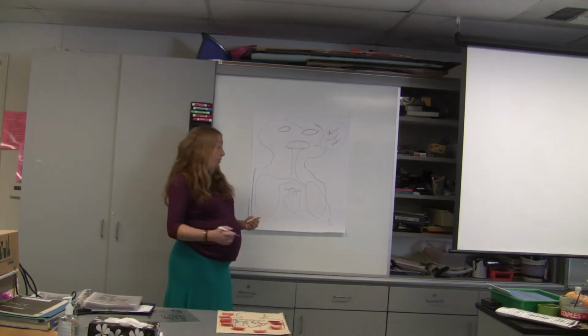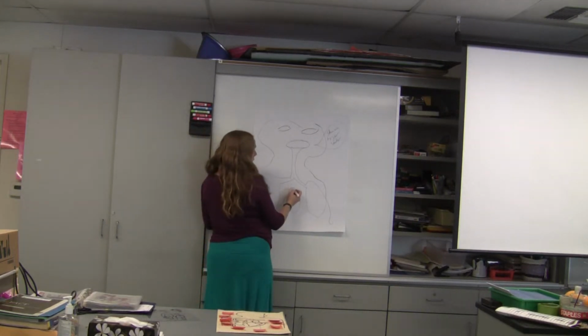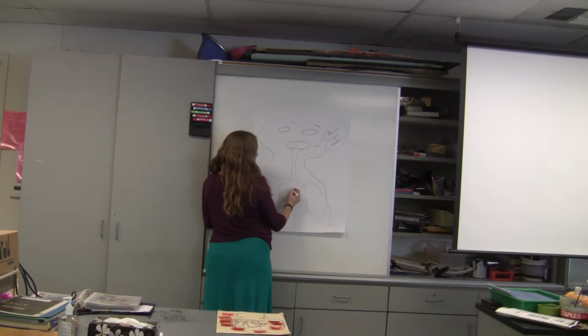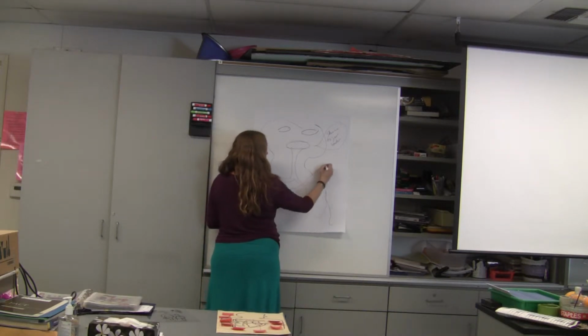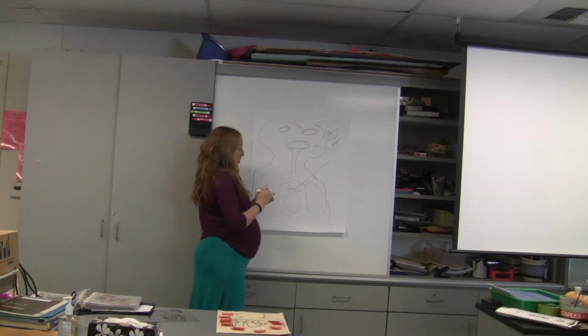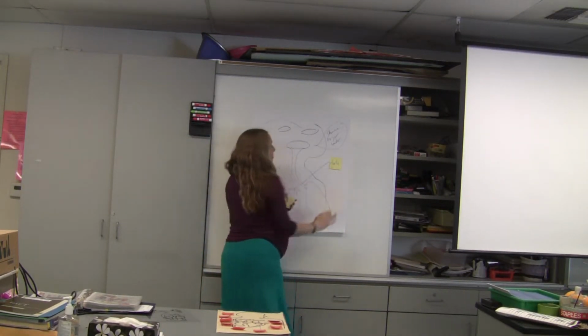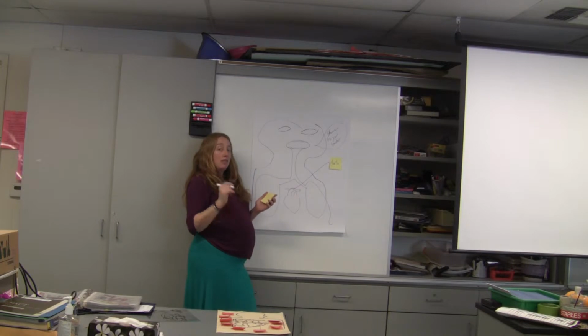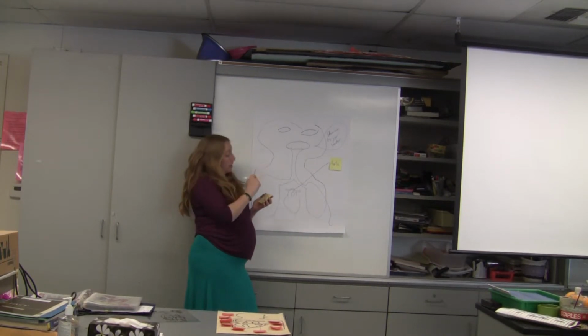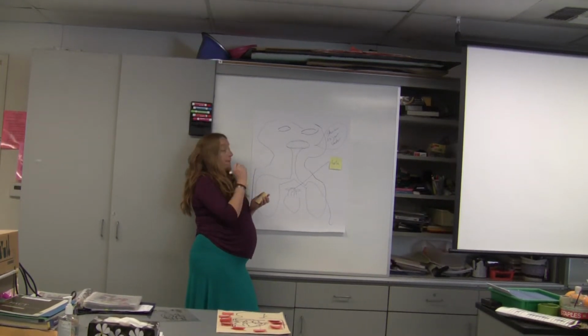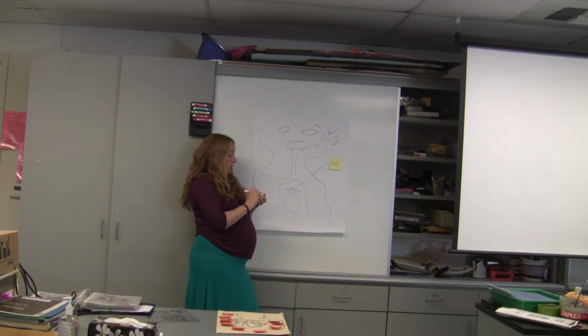So, for example, here is the aorta of the heart. I'm going to draw a line from the aorta way out so it's not in the way of anything else, and I'm going to write aorta. Then I'm going to make a separate Post-it note for the function of the aorta, which is to pump blood out to the rest of the body.